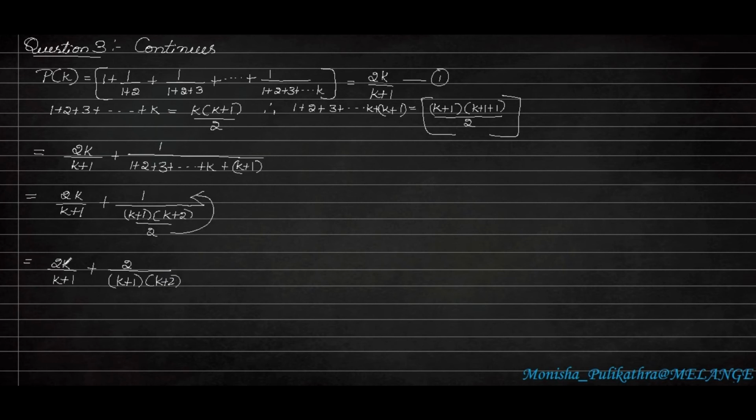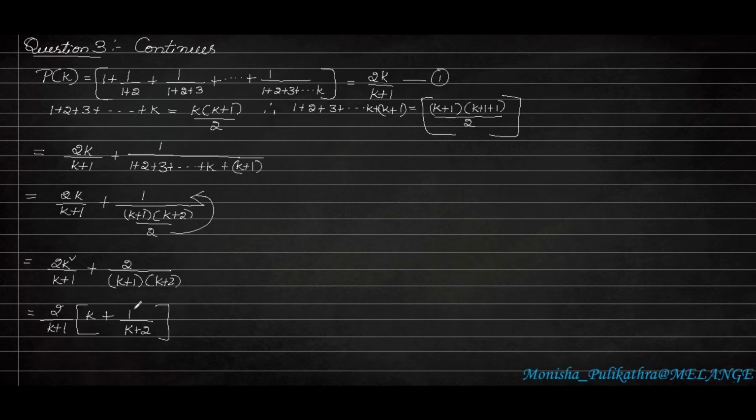Next we can notice that 2 by k plus 1 is common. 2 by k plus 1 and 2 by k plus 1 is common here. So we can take 2 by k plus 1 as a common term. If I take 2 by k plus 1 as common, here the remaining will be k, and here 1 by k plus 2 will be remaining.